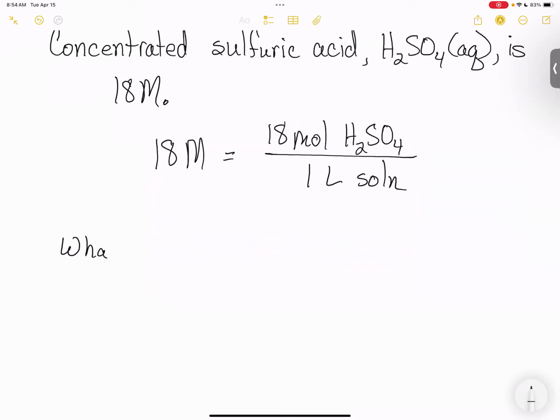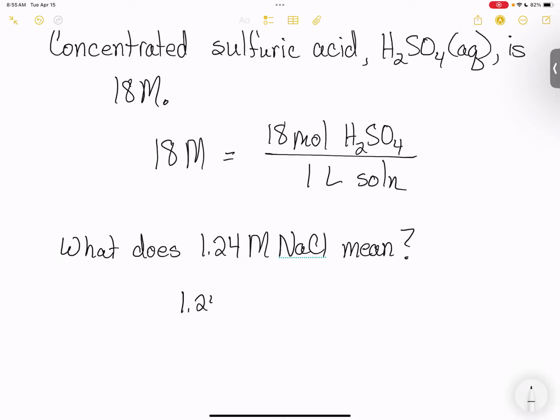So if I ask you, what does 1.24 molar NaCl mean? You would say what? 1.24 moles of NaCl in 1 liter solution. That's what you would tell me.